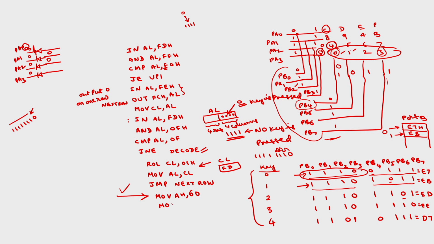Move SI comma AX. Then move AL comma contents of SI, because in that particular location we have the code corresponding to the key that is pressed. So that I am going to take into the accumulator, then halt. So this process is to decode the key. This is how we can interface the keyboard to the 8086 microprocessor.